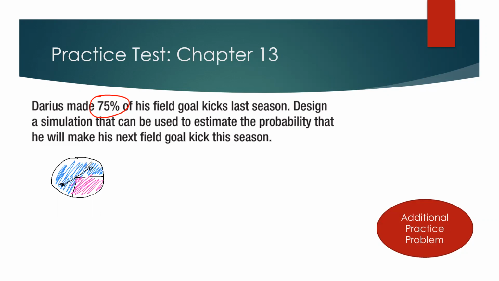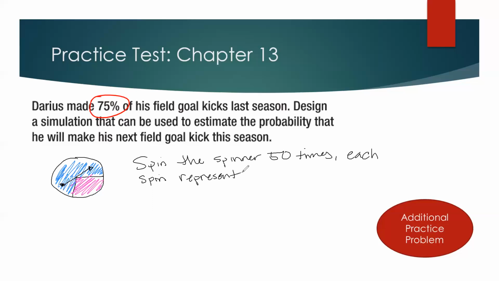We divided our spinner into two sectors. 75% is one color, the blue, and 25% is another color, the pink. So you could spin the spinner 50 times. And then each spin represents kicking a field goal.